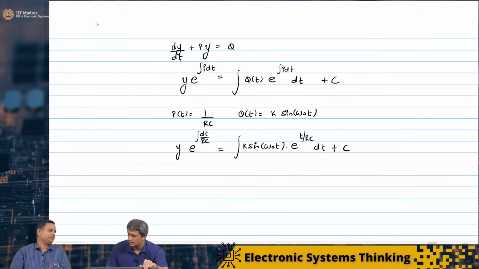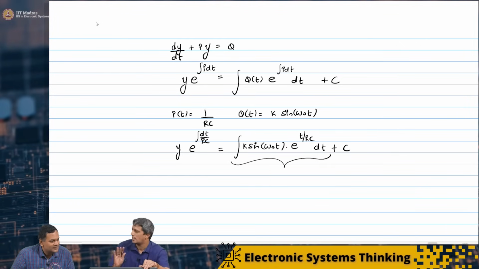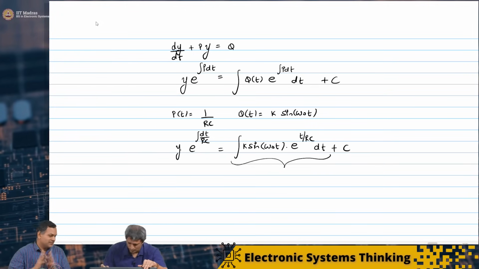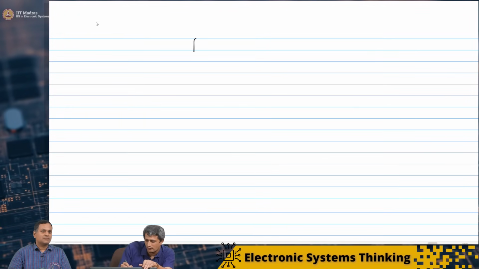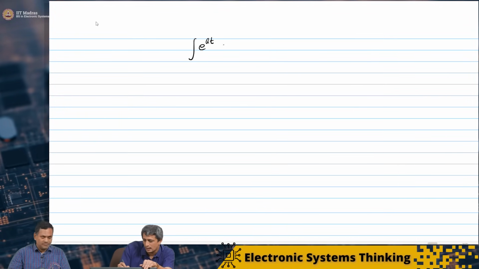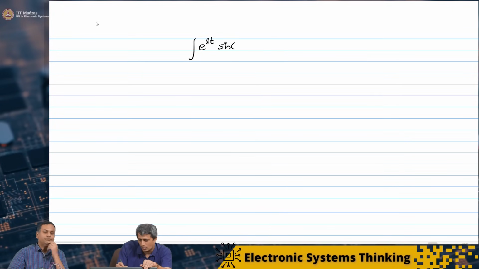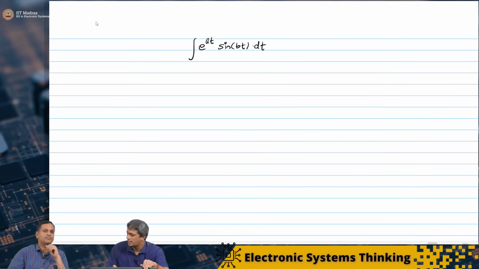Effectively, if we know how to solve this integral, we are done. So I will start with that separately. We effectively have an integral of the form e power a t sine of bt dt, an indefinite integral.